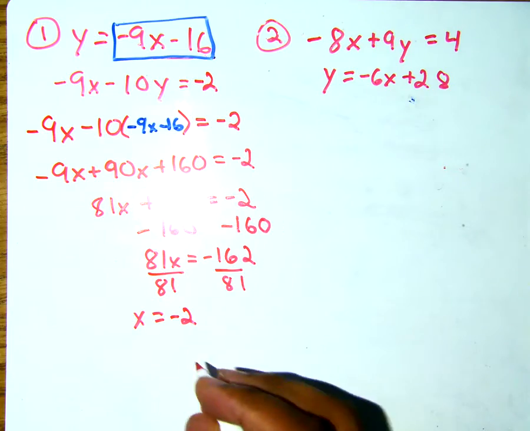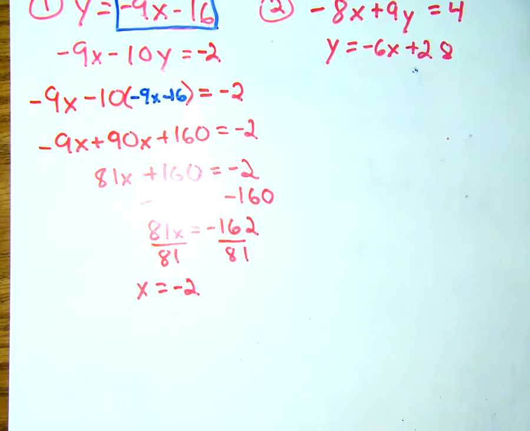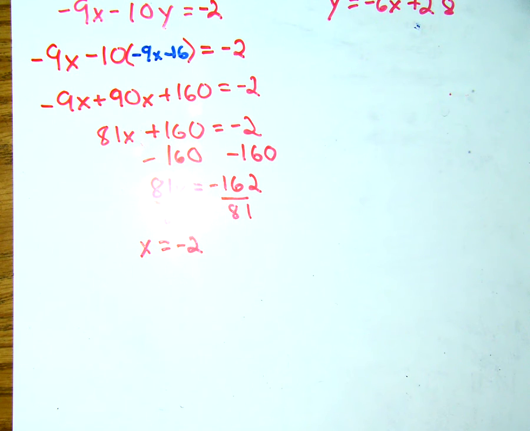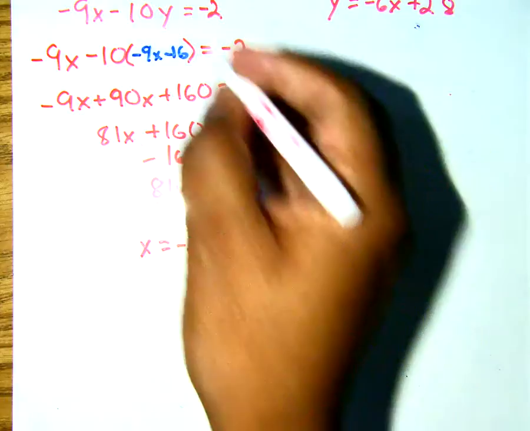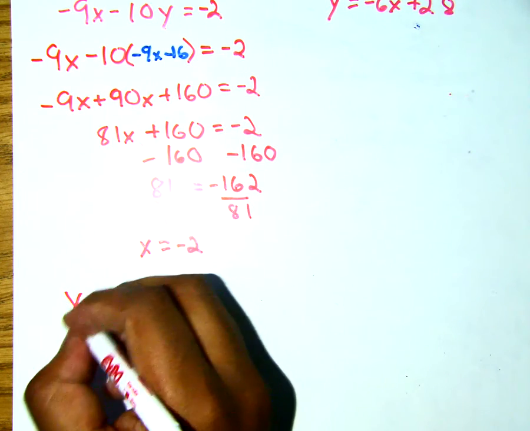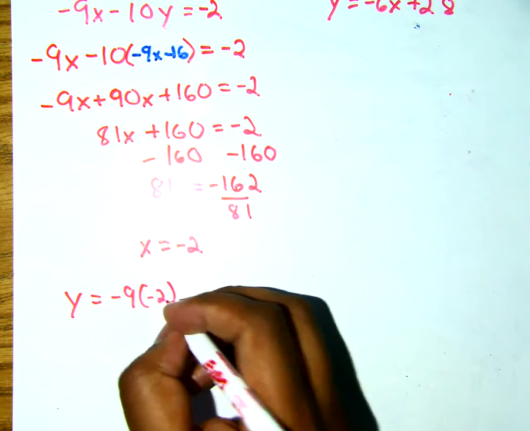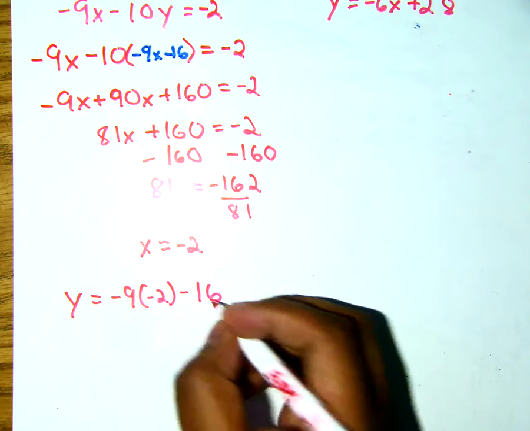So I'm going to take this negative 2 and go ahead and plug it back here into our original equation. And I'll have y is equal to negative 9 times negative 2 minus 16.